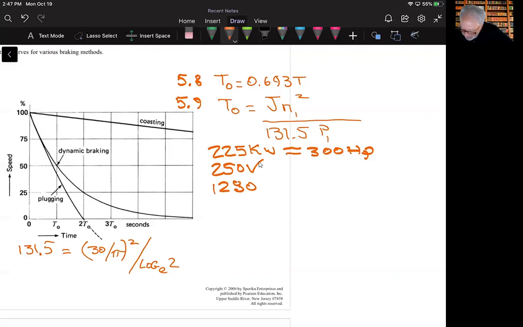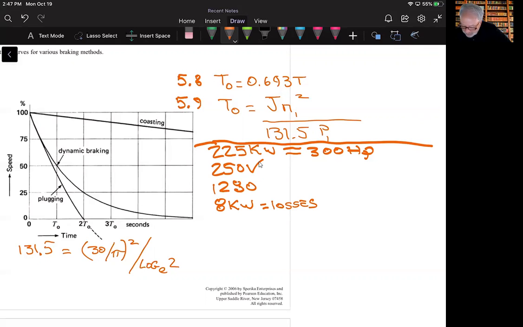It says it has windage, friction, and iron losses of 8 kilowatts. Okay, so he's given us these losses, and those would be hard to determine, but for the purpose of this problem, he's just given us those numbers so that we can work through this.